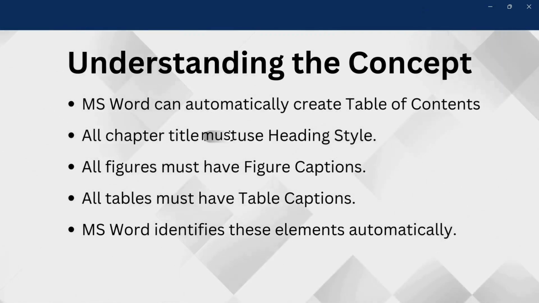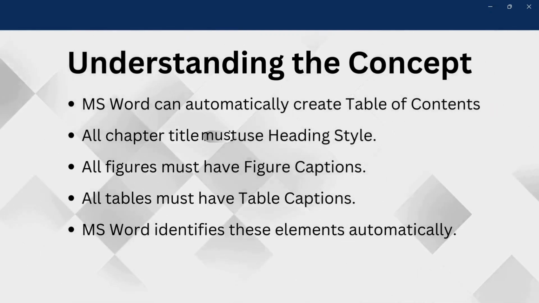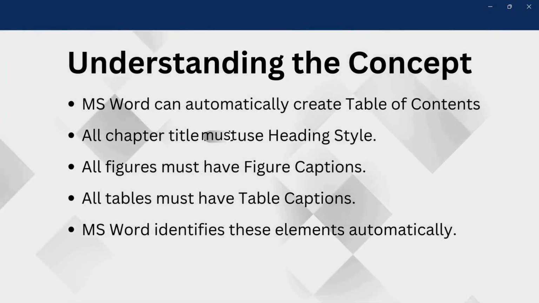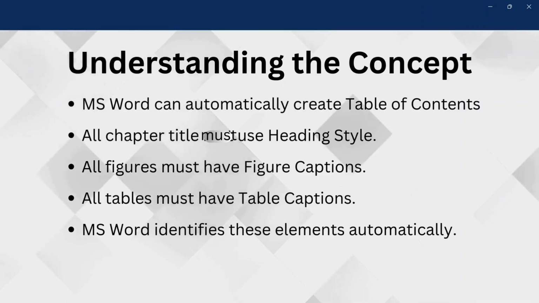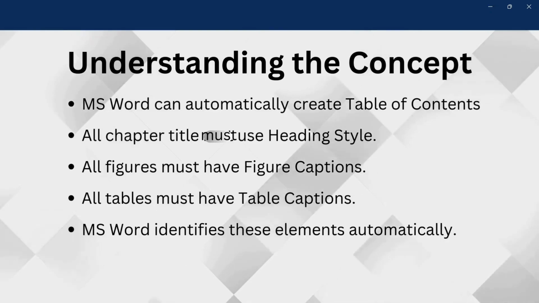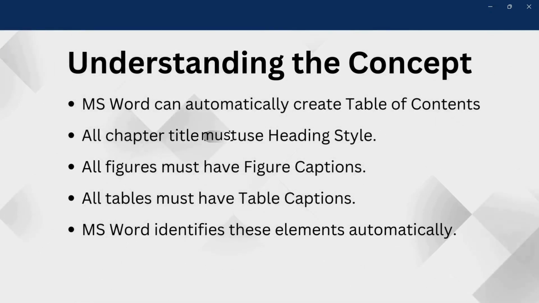This means all chapter titles must use heading styles, all figures must have figure captions, and all tables must have table captions. Once Word identifies these elements, it can automatically generate a table of contents, list of figures and list of tables. So we will follow 3 steps. First, apply heading styles. Second, insert captions for figures and tables. And third, generate the automatic list. Now, let's start with step 1.